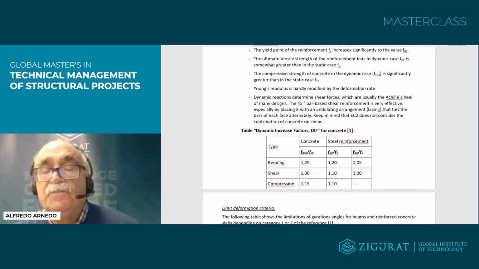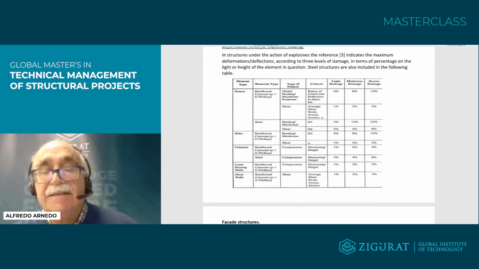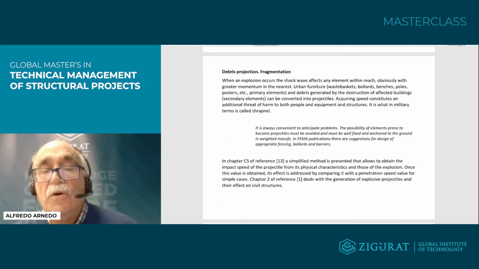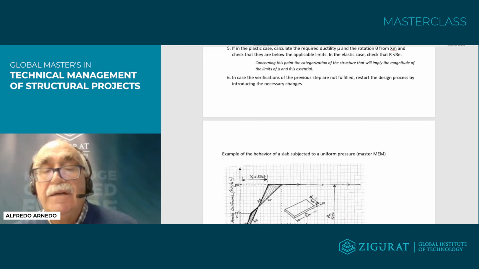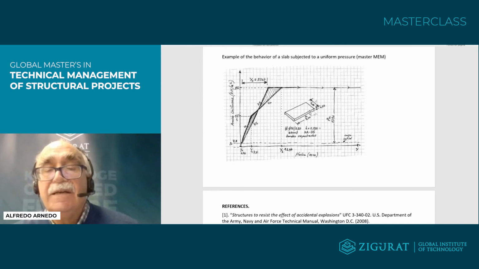At the end of analyzing this lesson, we have to show an exercise we made in another master. This is the structure of a slab in a roof, a slab made of concrete with a special reinforcement, and due to shear and flexure, we have a linear behavior until we reach the maximum linear.